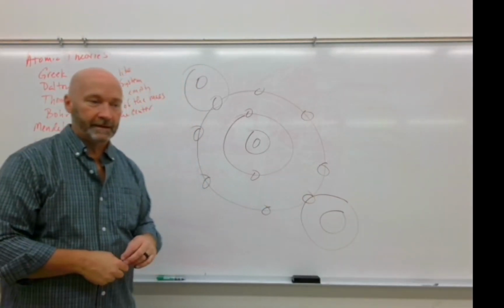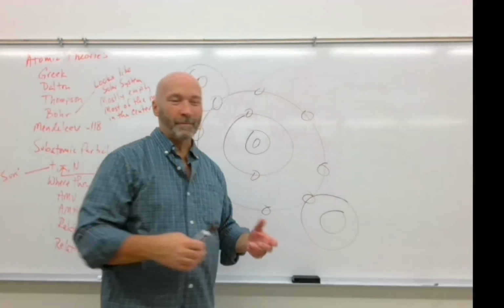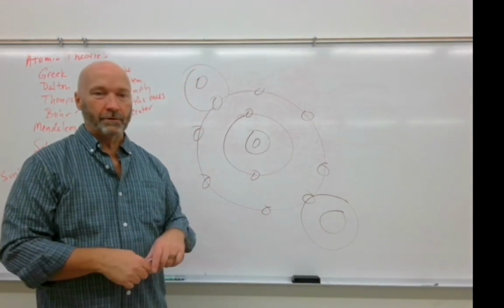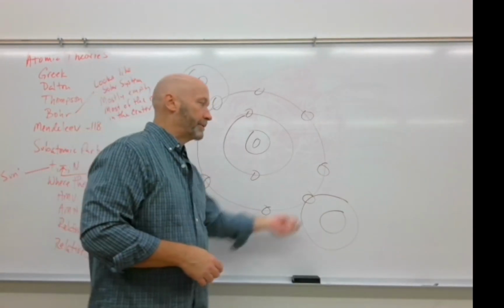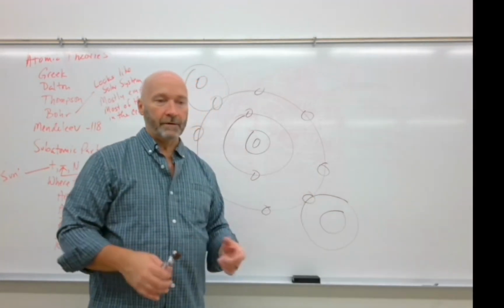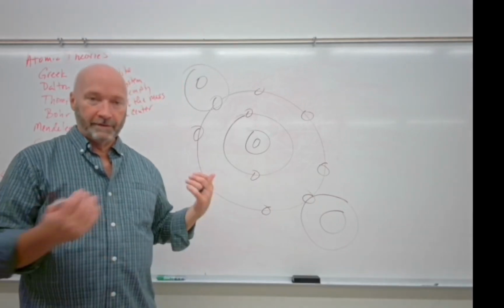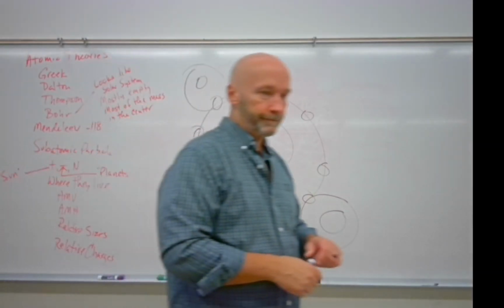Table salt would be an example of an ionic bond. So ionic bonds are easy to create, easy to destroy. Covalent bonds, the purpose is to get 8 in the outermost shell, very stable, but also very difficult to create and very difficult to destroy.